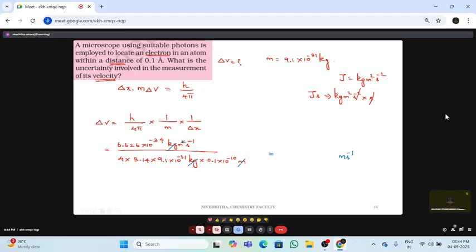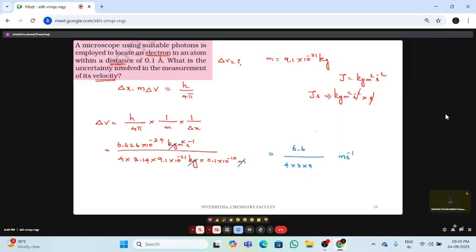After simplifying, you'll get the value of uncertainty in velocity. In the numerator we have 6.6, in the denominator we have 4 into 3. I'm just rounding off 3.14 to 3 and 9.1 to 9.